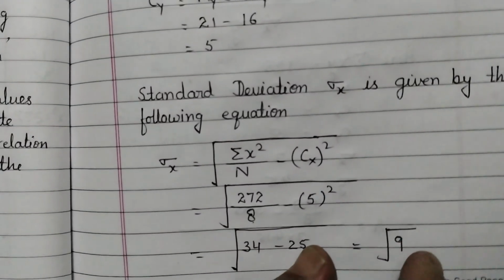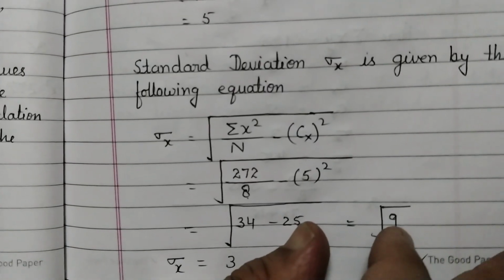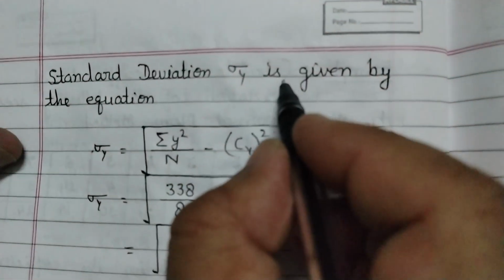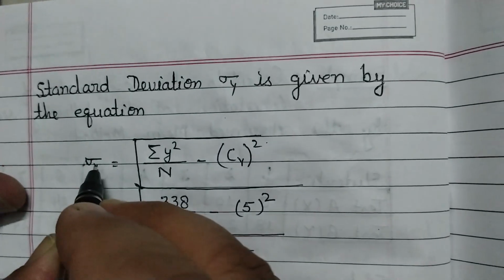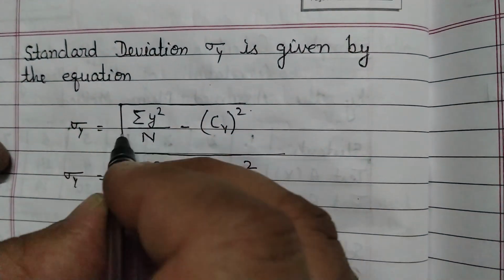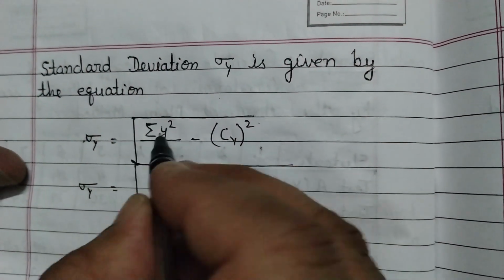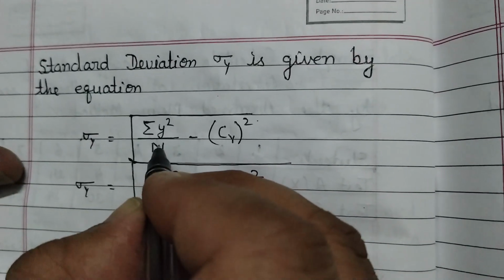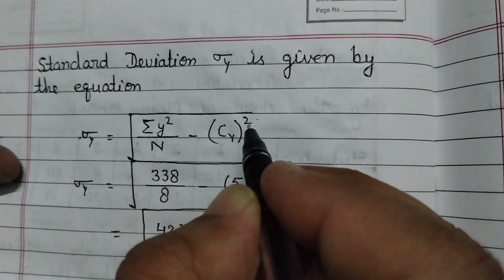Next step is how sigma y is to be calculated. So here standard deviation sigma y is given by the equation: sigma y is equal to square root of summation y square over n minus Cy whole square.